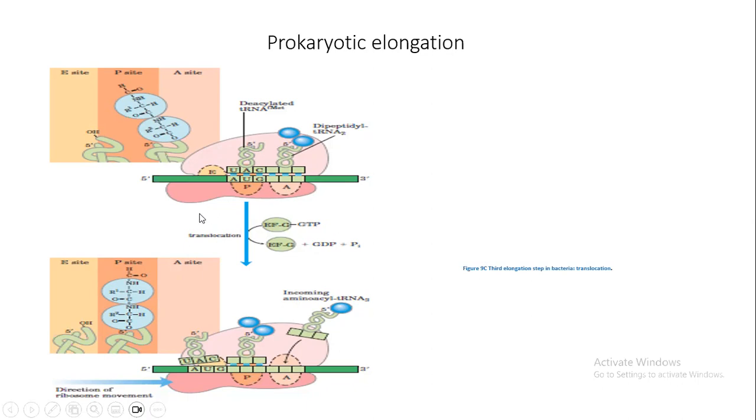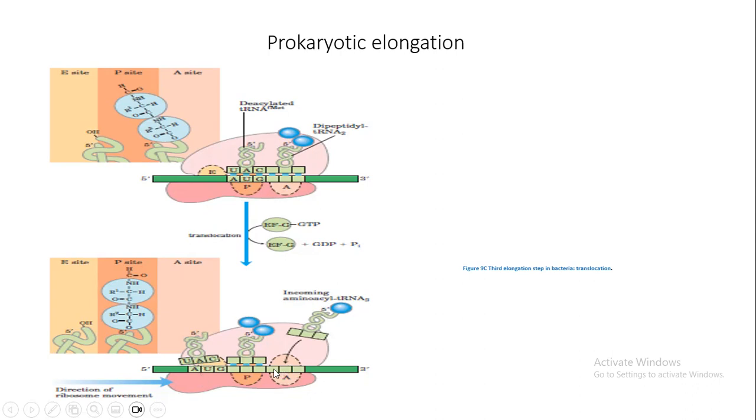During this reaction, the ribosome will shift towards the 3' end of the messenger RNA molecule by a distance of 1 codon. As a result, the dipeptidyl transfer RNA, which was originally at the ribosomal A site, will now be present at the ribosomal P site, as can be seen here. And the empty transfer RNA that was originally present at the P site will now be present at the E site, or the exit site.